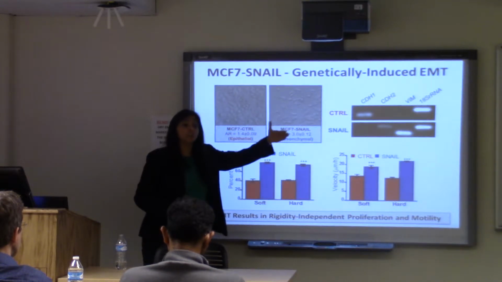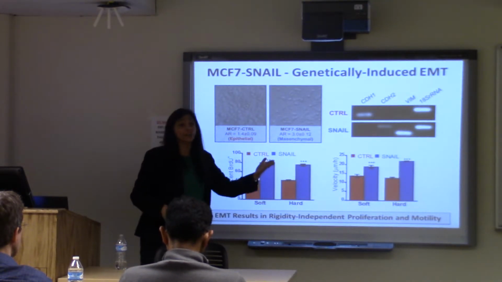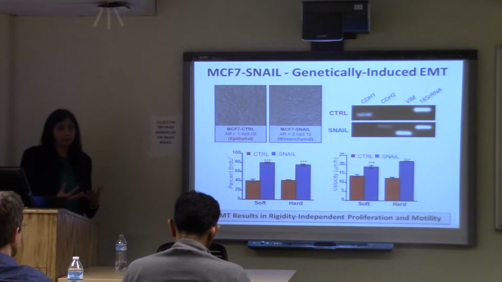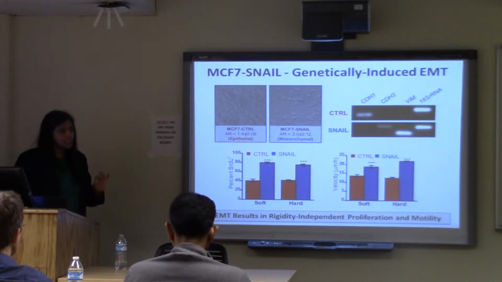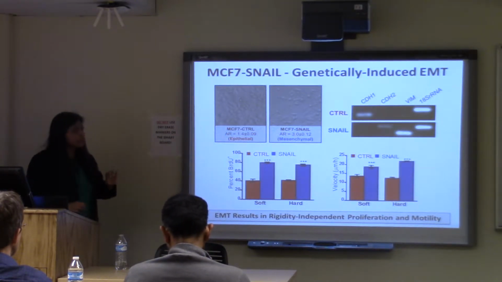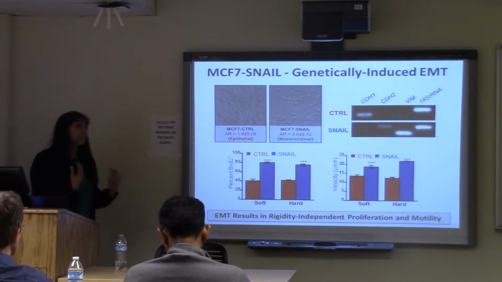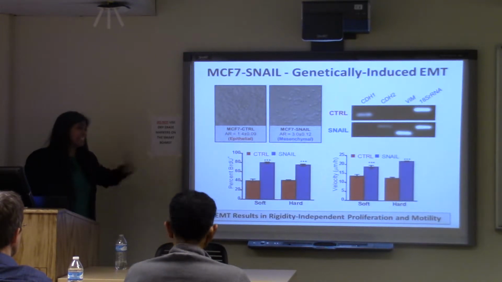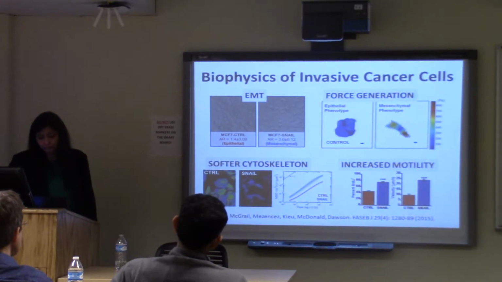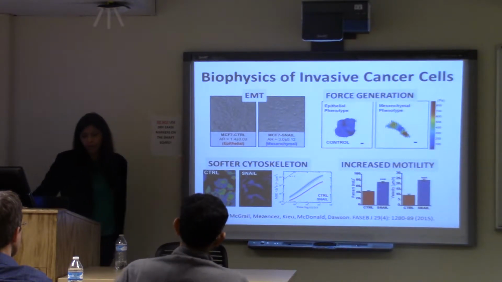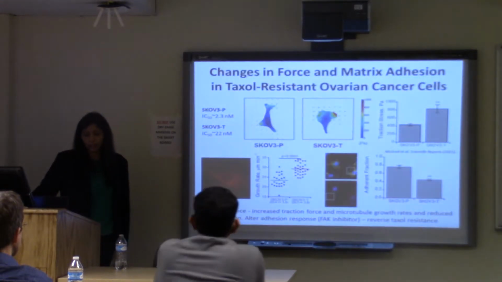But the higher force profiles, the change in intracellular mechanics, are always that way. And so we think that it's not just that these cells are responding mechanically, but they're undergoing some sort of EMT that leads to this mechanical response. And this is more on that. I showed you this slide already.